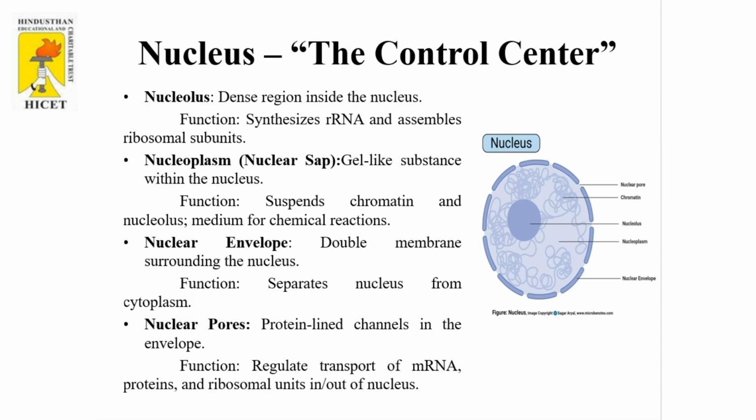It separates the nucleus from the cytoplasm. Another one is nuclear pores, which allow the transport of materials like RNA and proteins between the nucleus and the cytoplasm. These are protein-lined channels in the envelope and regulate the transport of messenger RNA, proteins and ribosomal units into and out of the cells.